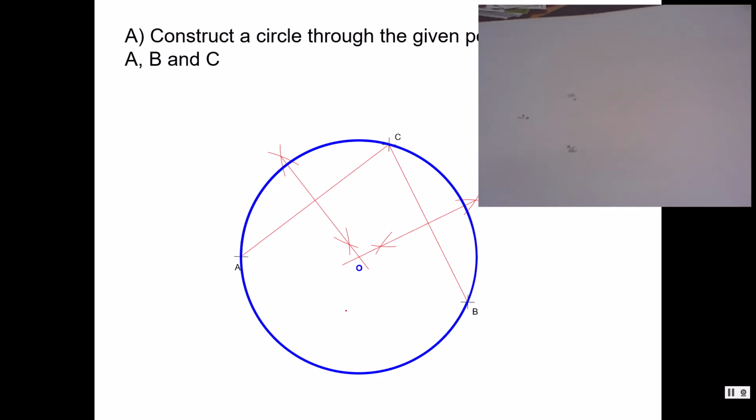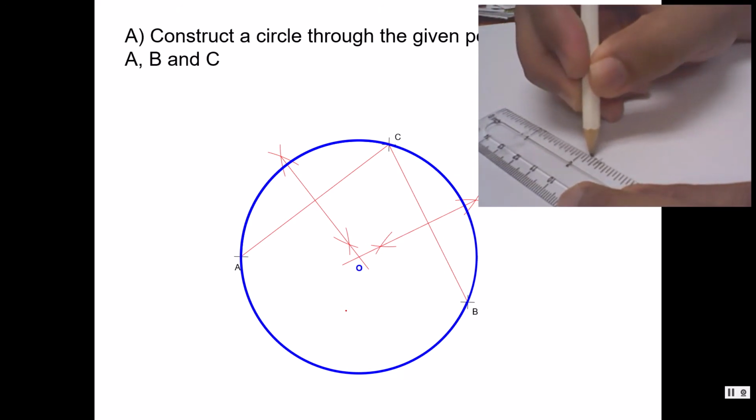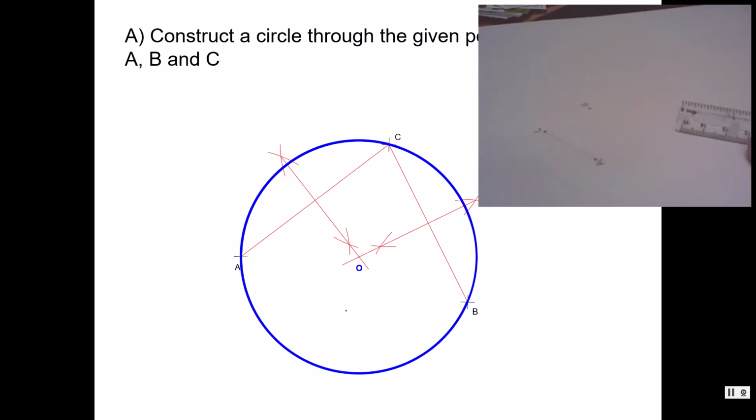Yeah, so the first thing is to draw a line between A to C. Yeah, so we draw a line between A to C like this, and then we bisect it.